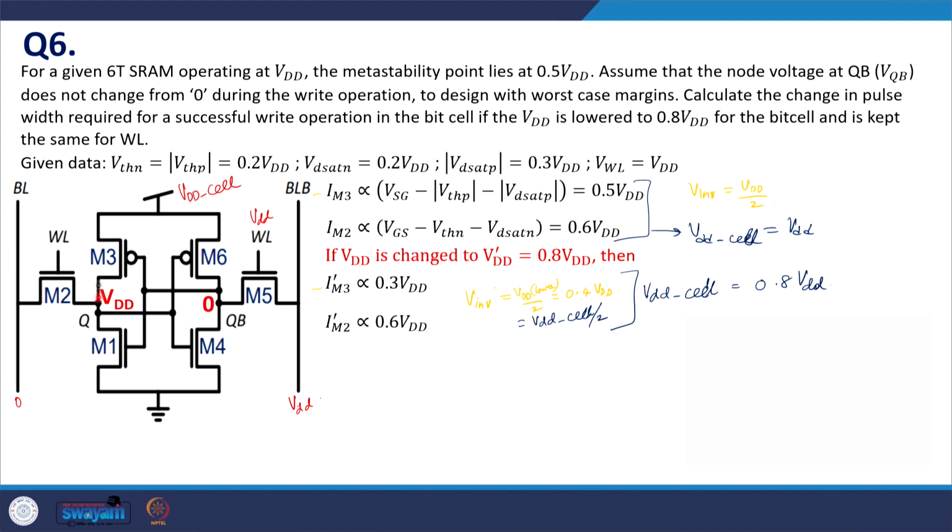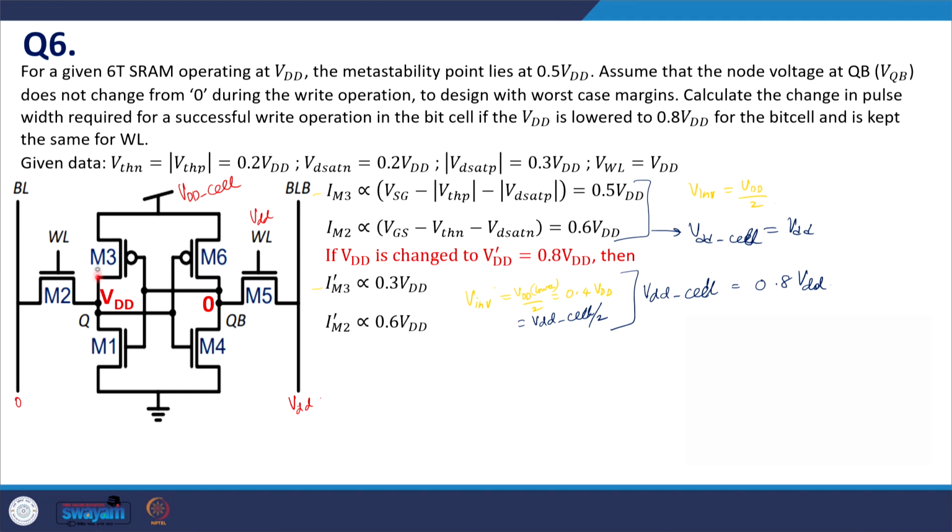This is at V inversion, so the PMOSFET has maximum current, because its VDS drop is largest possible before flipping. After V inversion, we are assuming that it will flip. So, after Q goes below V inversion, we assume that it flips. Here it has the maximum current before flipping, and that maximum current is proportional to 0.3 VDD.